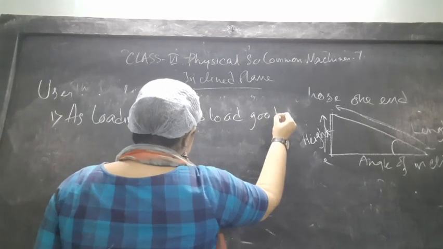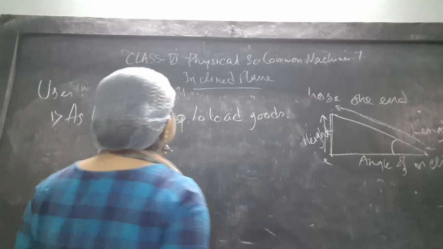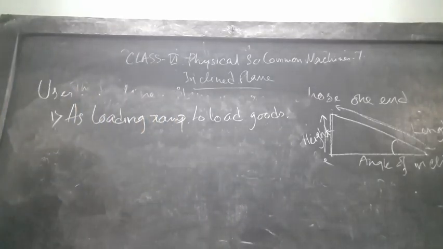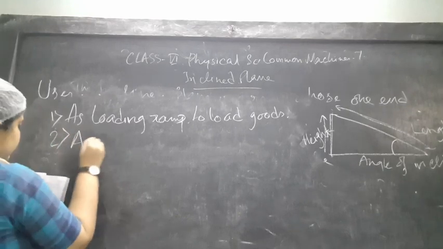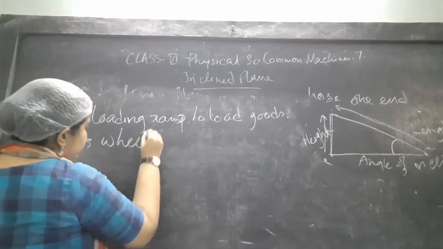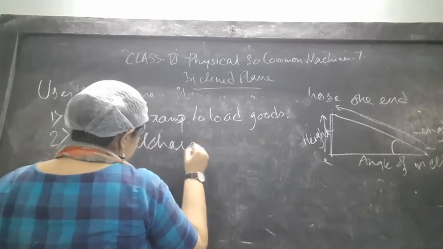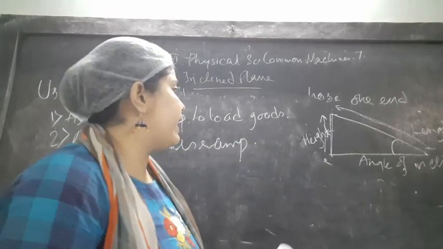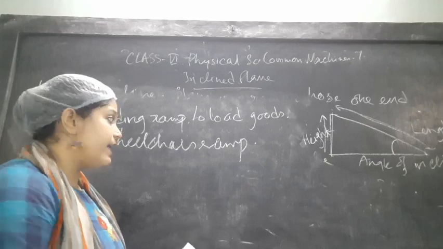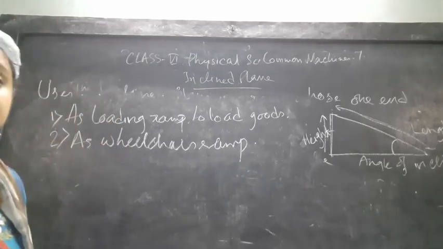It is used in many places, like in trams, ships, and planes. The second is as a wheelchair ramp, which is used for old age people and invalid people who are using a wheelchair.